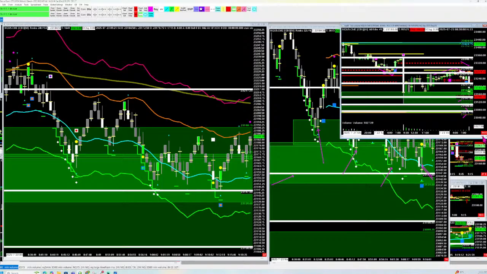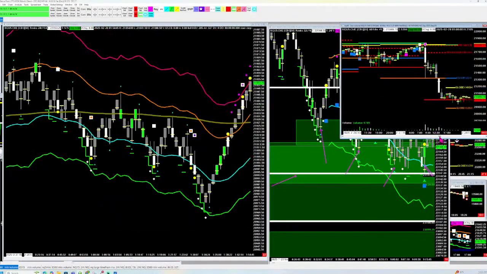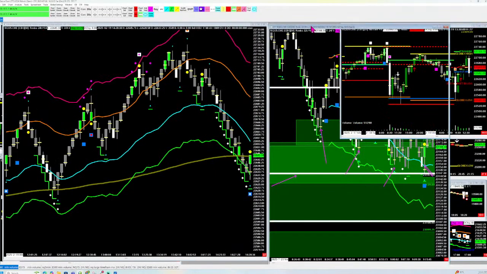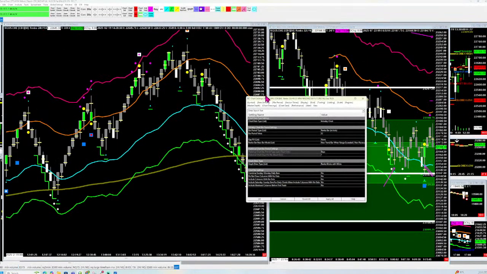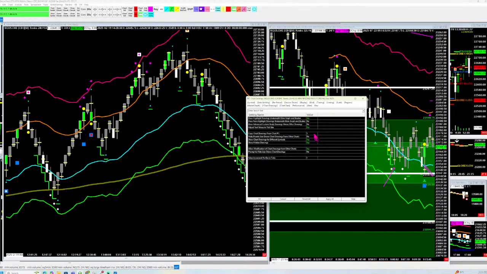Jumped all the way back, sorry. This one doesn't have enough days. Hold on a second. So we'll start with a 24 and just let this load.